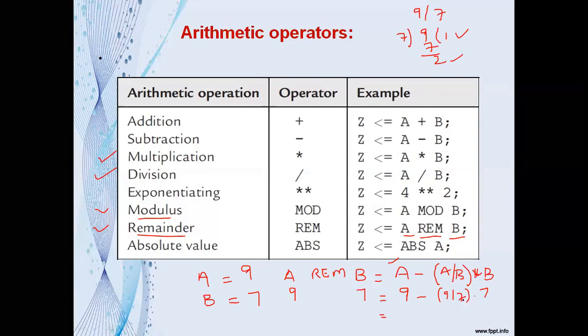Now see this function. 9 by 7 gives the quotient value 1. So now 9 minus 1 into 7. What is the resultant value? 2, right? 7 ones are 7, and 9 minus 7 is 2. In the traditional way, the quotient value is 1 and the remainder value is 2.